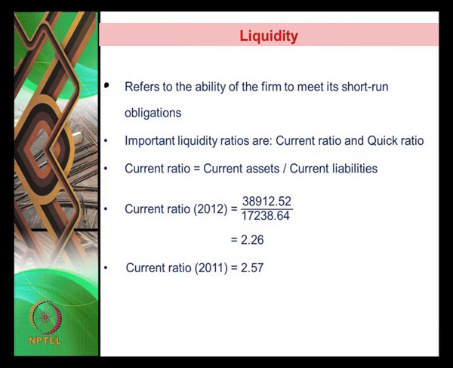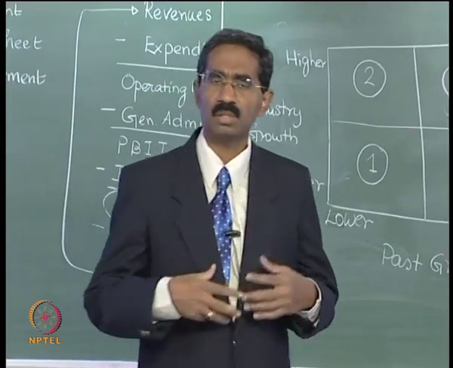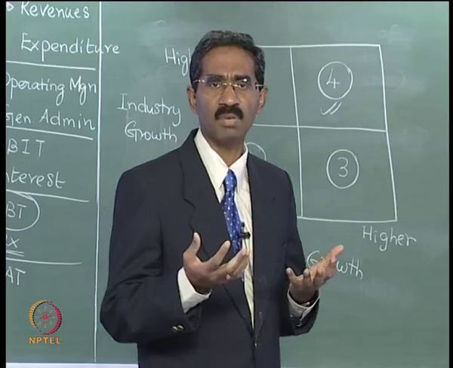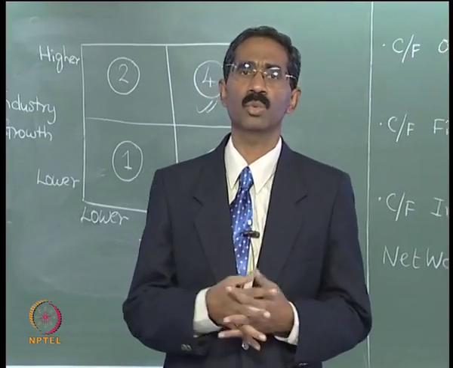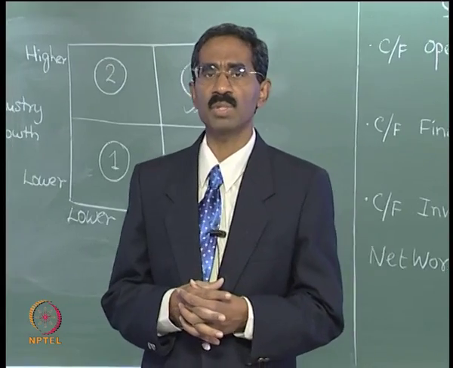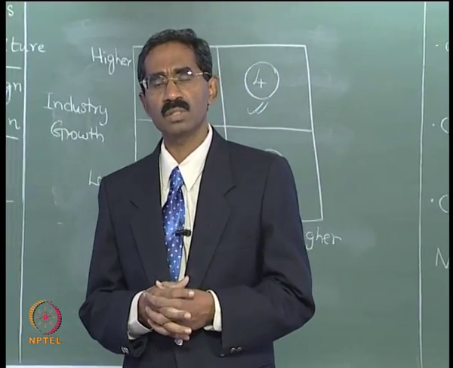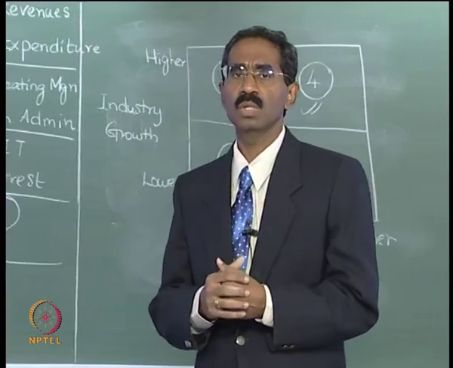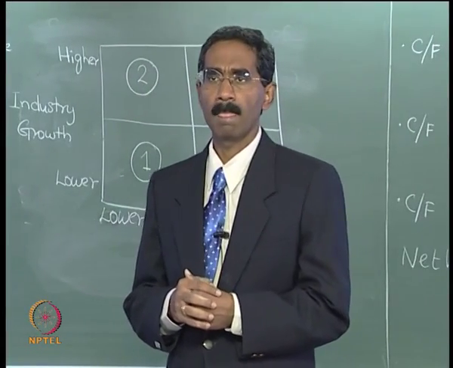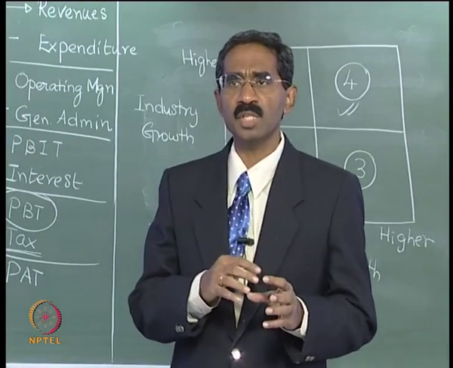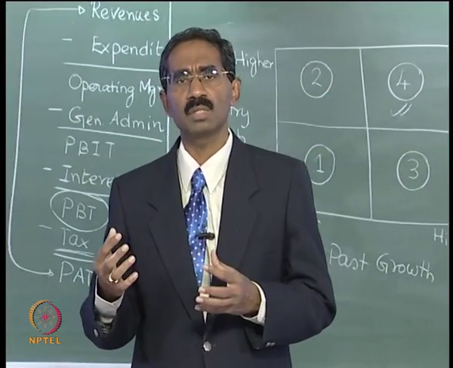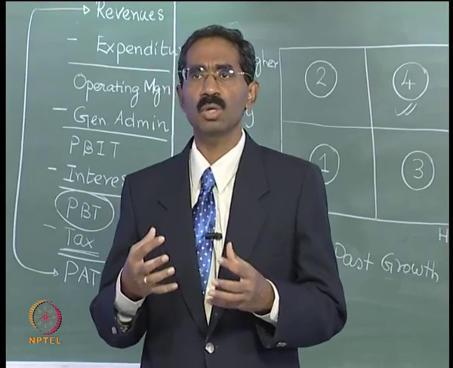Obligations of the firm are generally classified as liabilities. The company has obtained capital from various sources and the company is obliged to give a return on the capital as well as return the capital to the investors. So, liquidity refers to the ability to pay or meet the short term obligations.